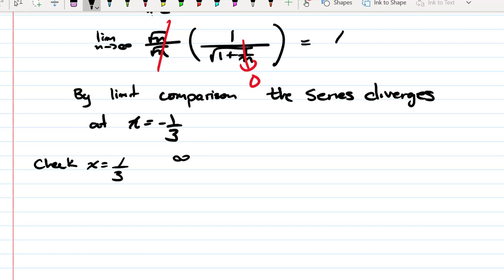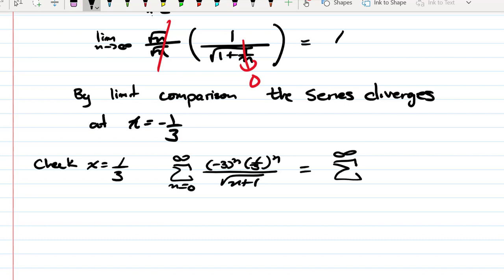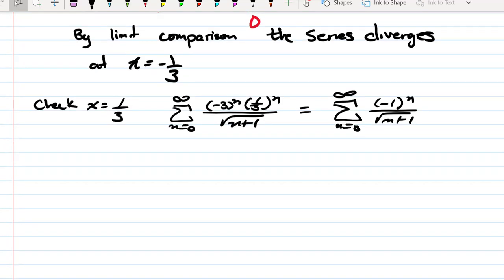So if we do that, we're going to get the sum as n goes from 0 to infinity of negative 3 to the n times positive 1/3 to the n all over the square root of n plus 1. And when we simplify this, negative 3 to the n times 1/3 to the n gives us negative 1 to the n all over the square root of n plus 1.